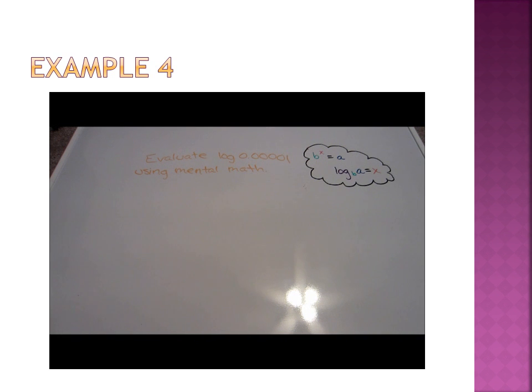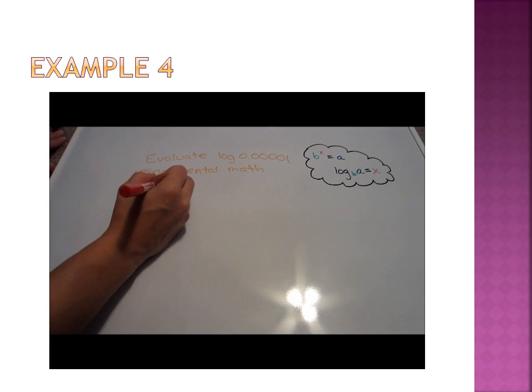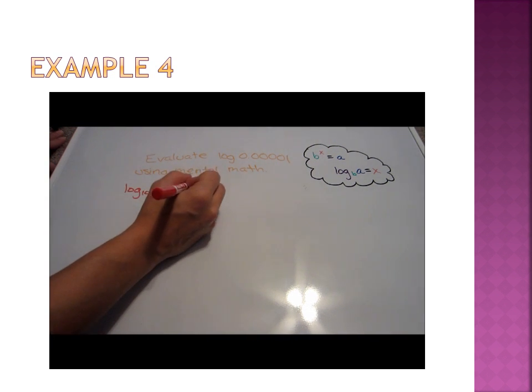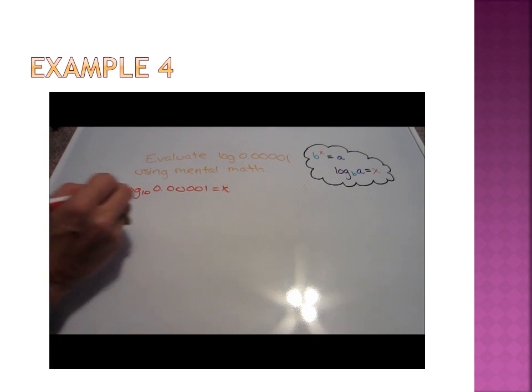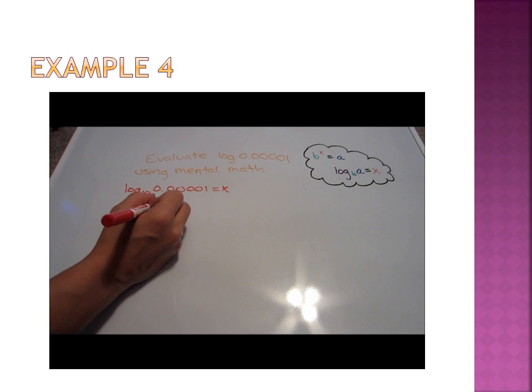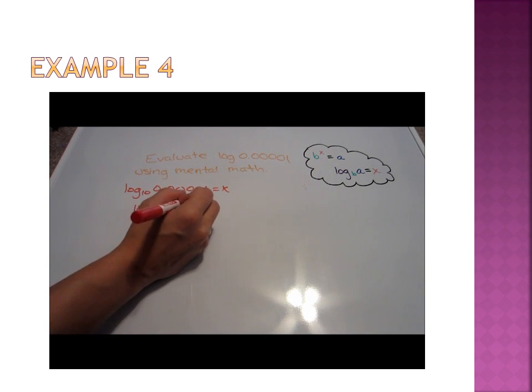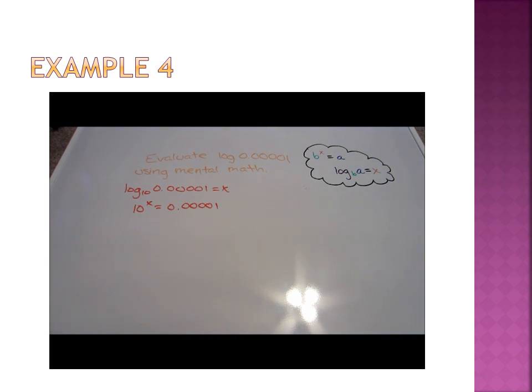Here we're going to evaluate the log of 0.00001 using mental math. So we have a common logarithm, base 10, of 0.00001 is equal to something that we don't know. So we rewrite it: 10 is our base, to the x power, equals 0.00001.